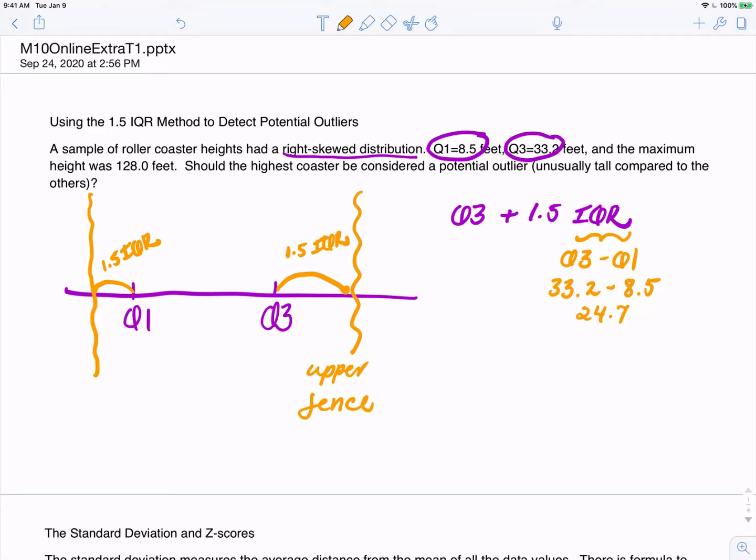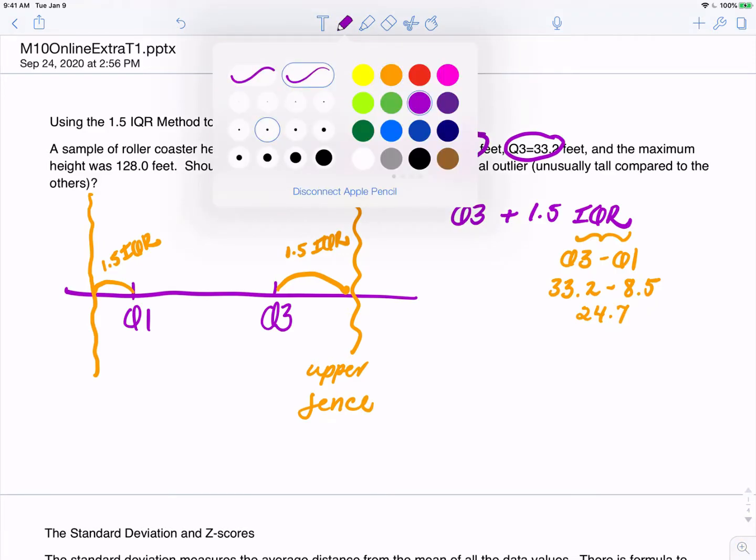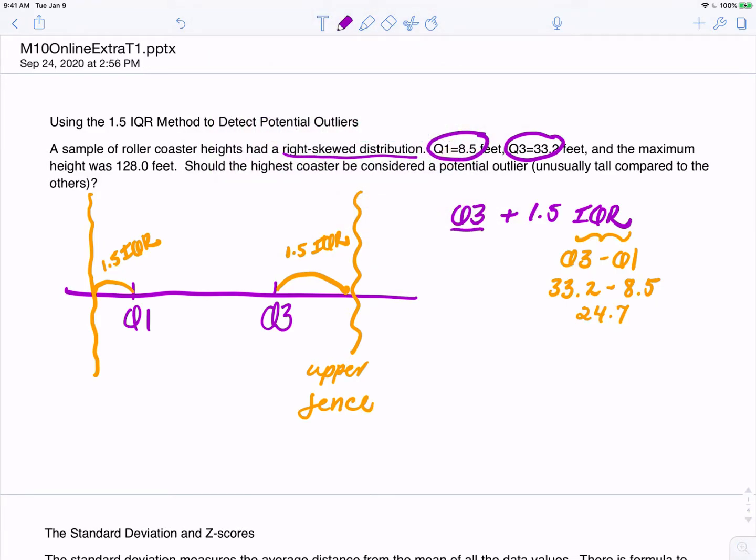So to find the upper fence, we're going to take Q3, which is 33.2, and we're going to add on 1.5 times the IQR, which is 24.7. So let's take a moment and compute that. That's going to give us a value of 70.25.